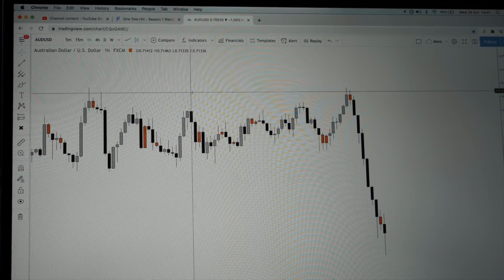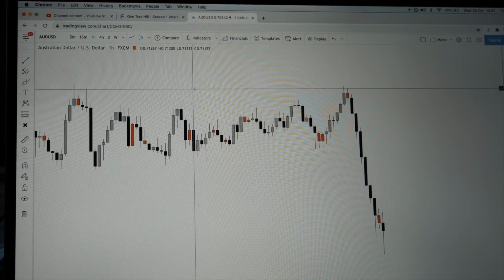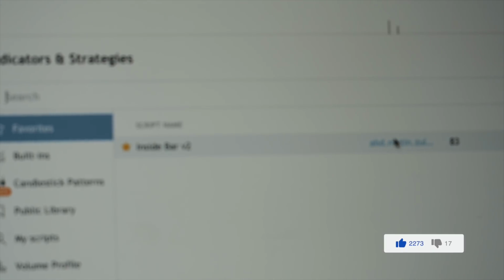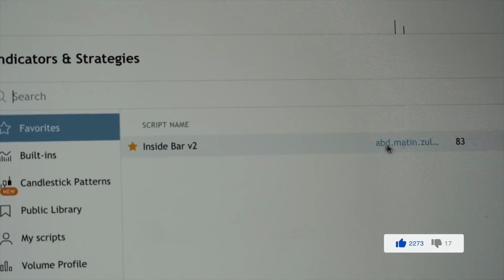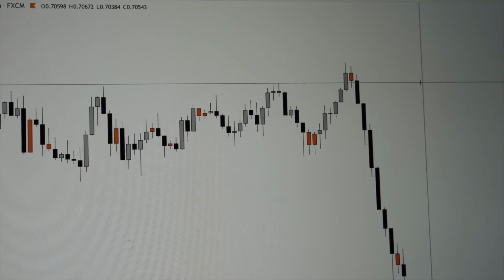Also, a lot of people ask what these orange candles are. They're basically inside bars. I might do another video on them, but you can just Google what's an inside bar. The indicator is basically this one by this dude or woman, I don't know, but you can find that on TradingView. But I'll quickly tell you now what it is.